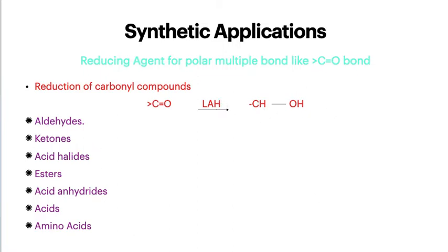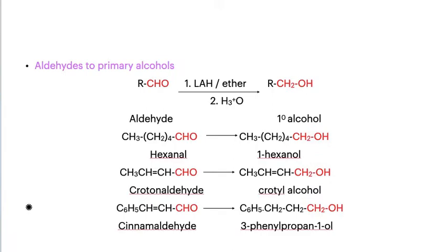Let us see one by one. Aldehydes. Aldehyde on reduction with lithium aluminum hydride forms the primary alcohol. Let us consider a general example, RCHO. On treatment with lithium aluminum hydride in ether followed by hydrolysis, there is the formation of primary alcohol, that is RCH2OH.